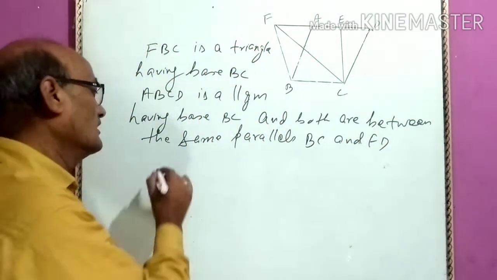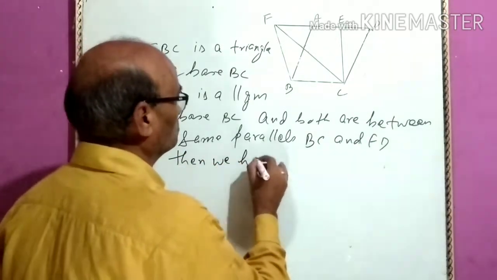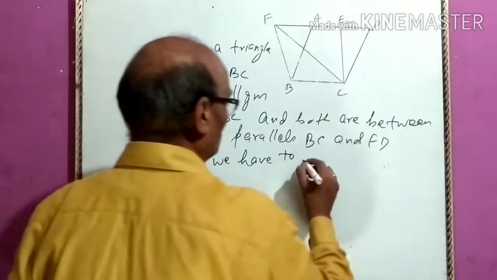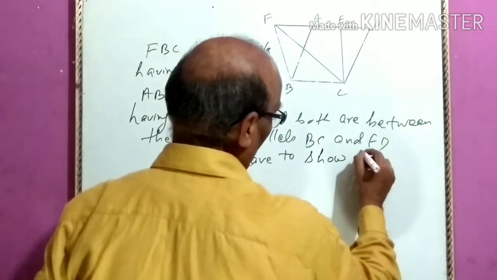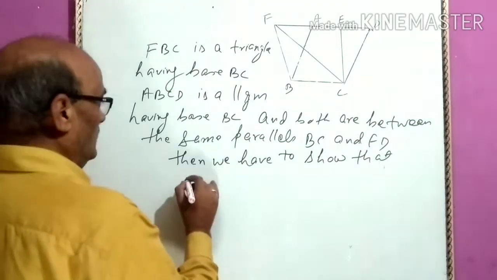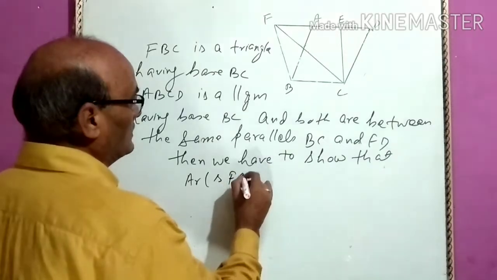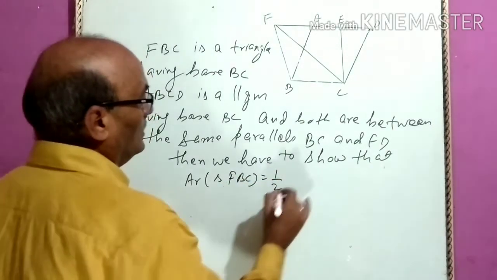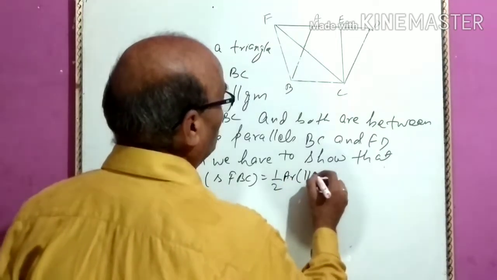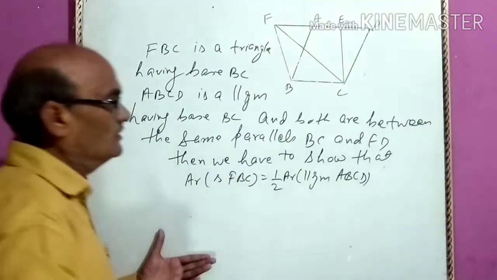Okay, then we have to show that area of triangle ABC is half of the area of parallelogram ABCD. Okay, it is my target.